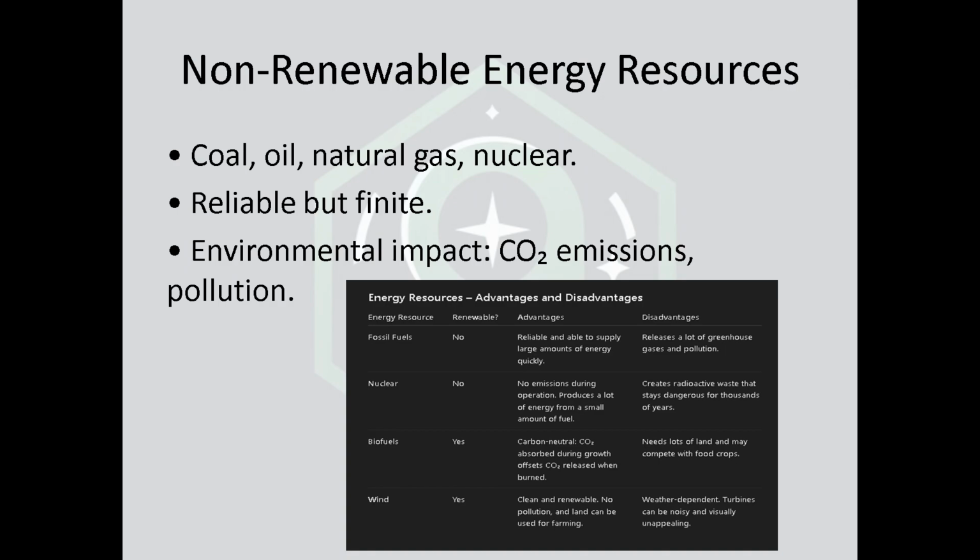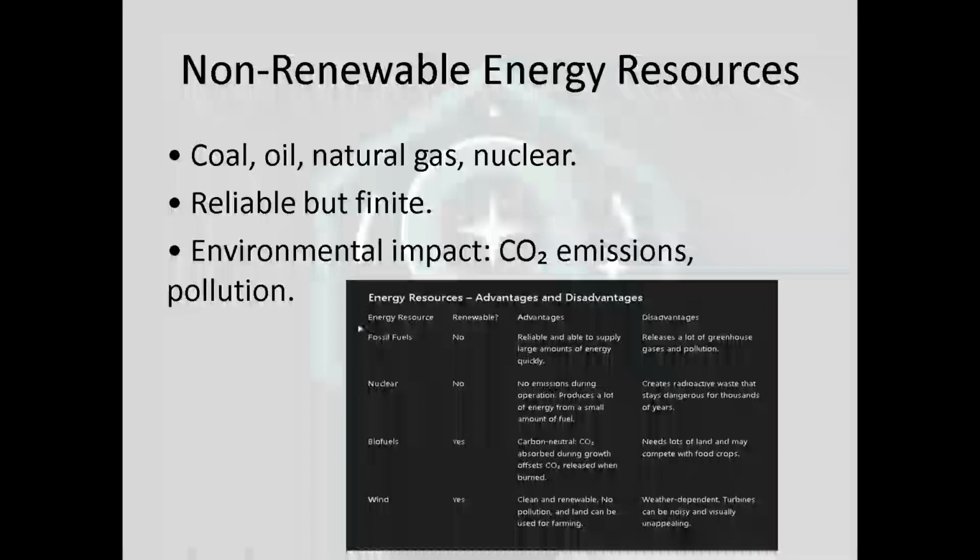And the disadvantage is that they have an environmental impact. They produce a lot of carbon dioxide, which may contribute to global warming and thus climate change. And also, extracting these energy sources will actually produce a lot of pollution, whether that be noise pollution by drilling, but also environmental, as they do release other harmful fumes.